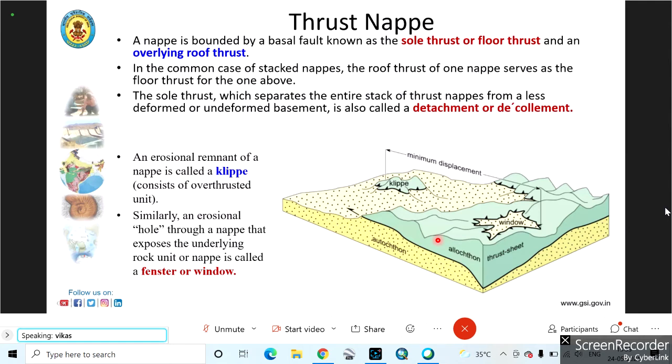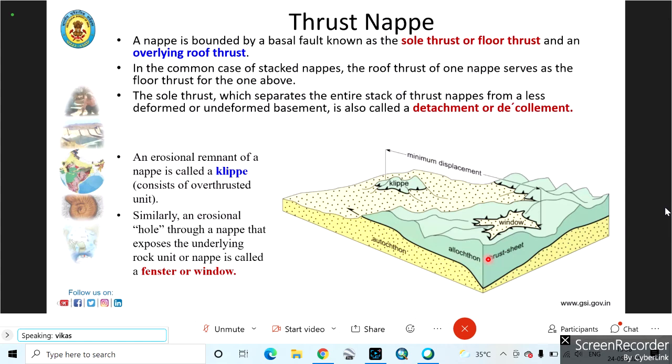So this allochthonous part, which you can say is a sedimentary part, and the contact between the allochthonous and autochthonous part, which is marked by a dark line, is actually a fault. We call it a sole thrust or a floor thrust, along which this overlying roof thrust has moved.